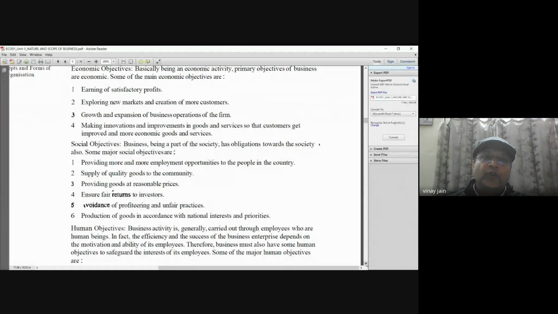That should be their duty. First of all, they will fulfill their own need. Then second is extending their businesses. And the third is giving the benefit or the incentive to their employees so that they should be motivated. If they are motivated, the business will grow.